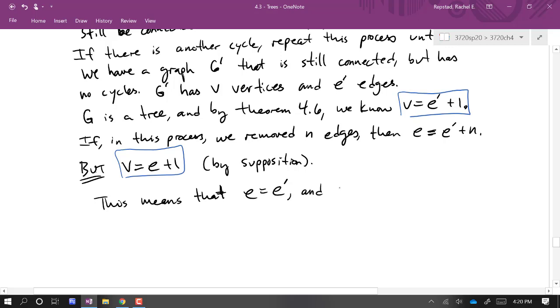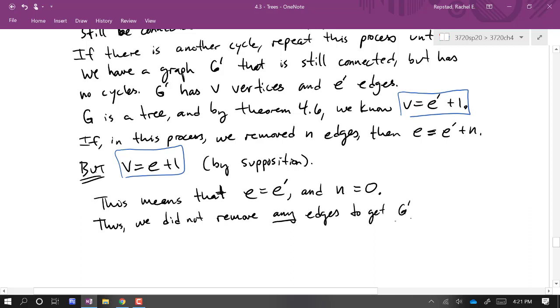And so n is equal to 0. This means we didn't remove any edges to get G prime. That means that G had no cycles to begin with. And G is a tree, as desired.